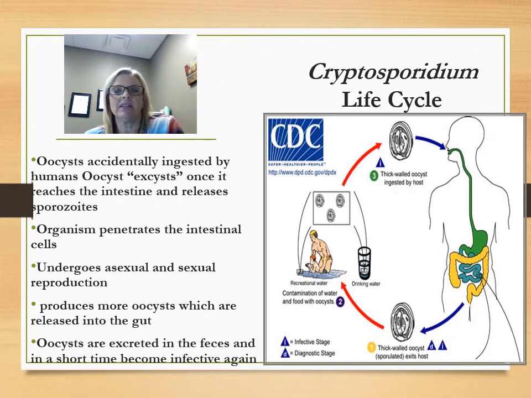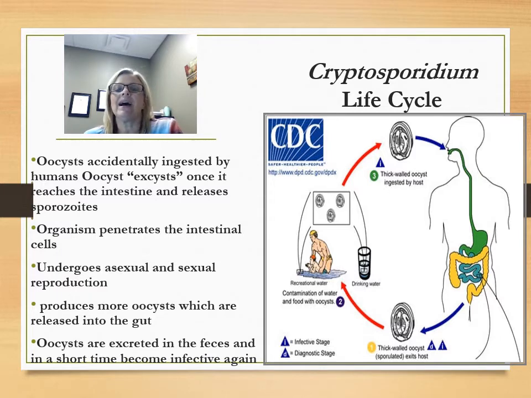It's going to excyst once it reaches the intestine, and it will then release sporozoites, and those will attach to the epithelium in the small intestine, and then it's going to penetrate the intestinal cells and actually live there. This can undergo both sexual and asexual reproduction, producing more oocysts, which are then in turn released into the gut. And those can be excreted in the feces and become infective once again.